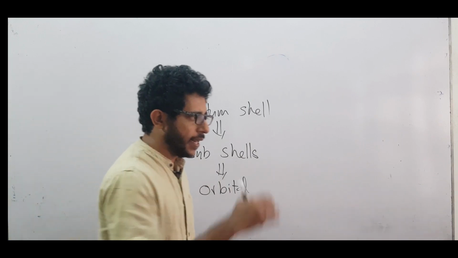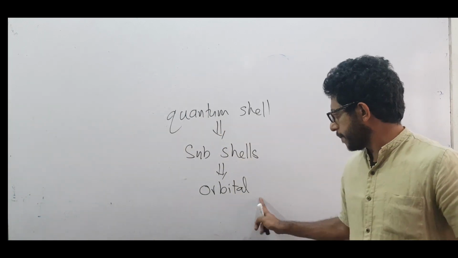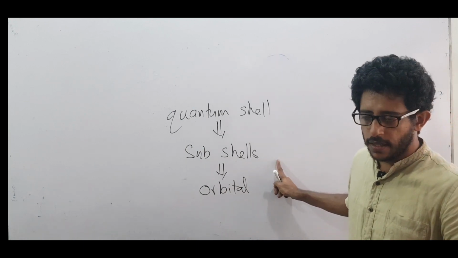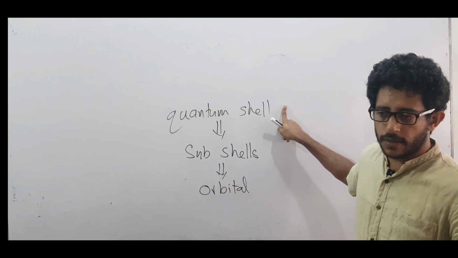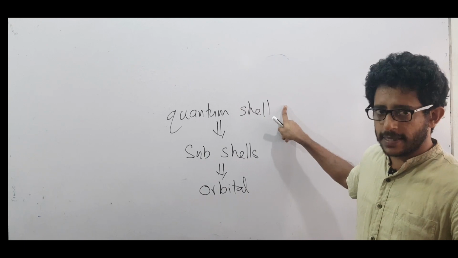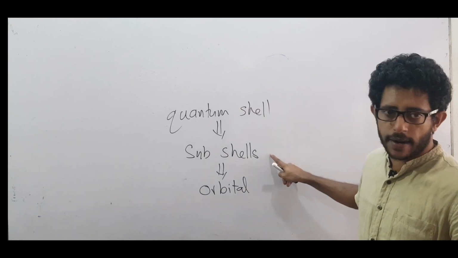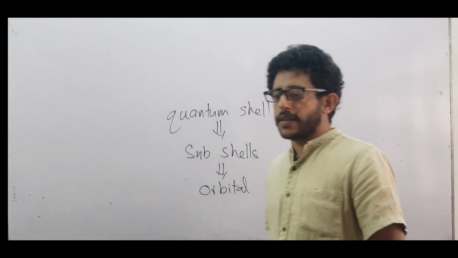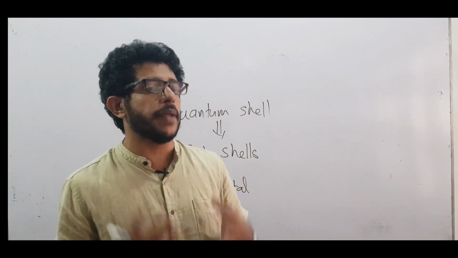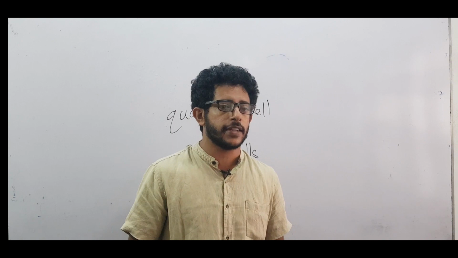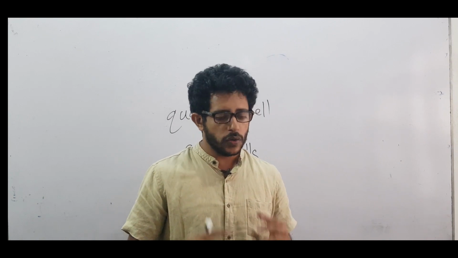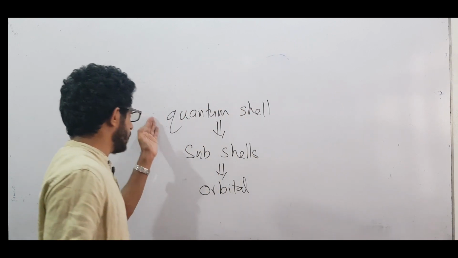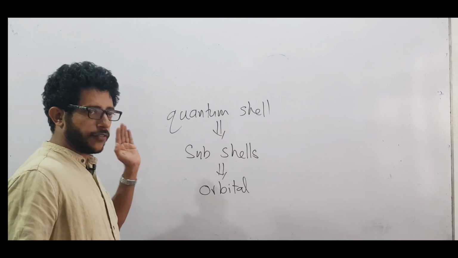So actually electrons are present inside the orbitals, which are present inside the subshell, which are present inside the quantum shells. Example wise, Baker Street is in London, London is in England. So electrons are present inside the 3-dimensional space, and it is called an orbital. Now there are different quantum shells, the first electronic shell, second, third, fourth.